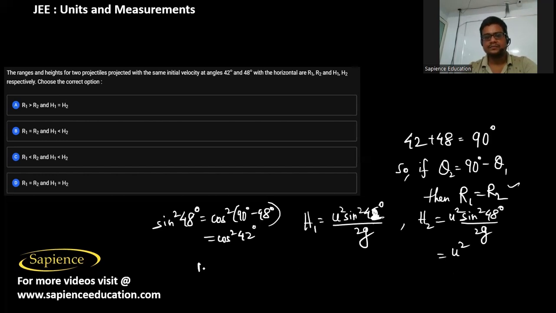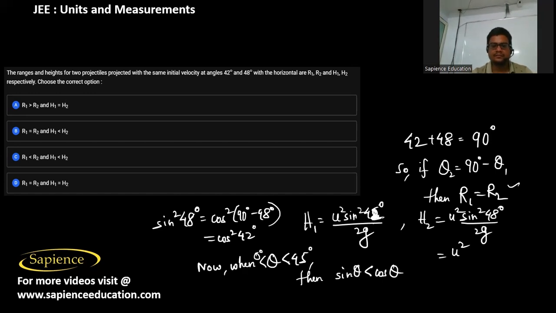Now you know that when theta is from 0° to 45°, the sine theta will be less than cos theta. For example, cos 30 is root 3 by 2 and sine 30 is 1 by 2.